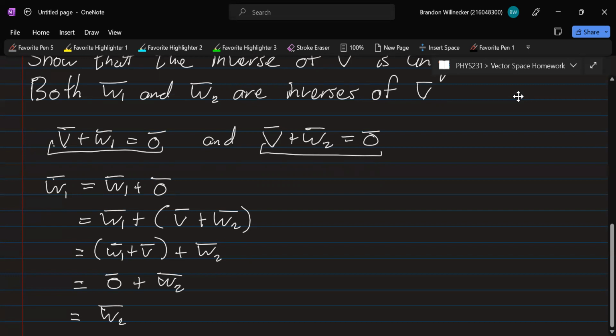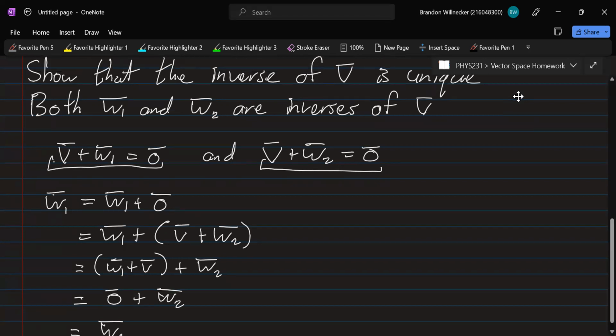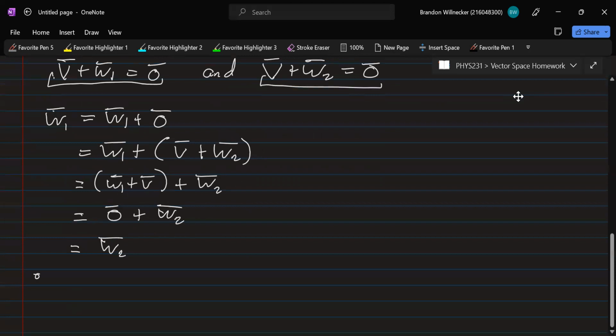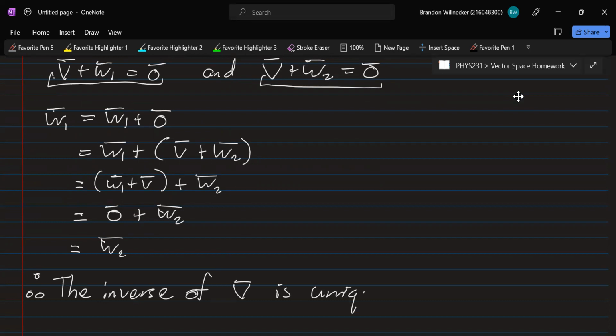If you look at the left-hand side and the right-hand side, we see that W1 is now equal to W2. We assumed two inverses, we showed that they were equal, so there must be one inverse. Good, so that means the inverse is unique.